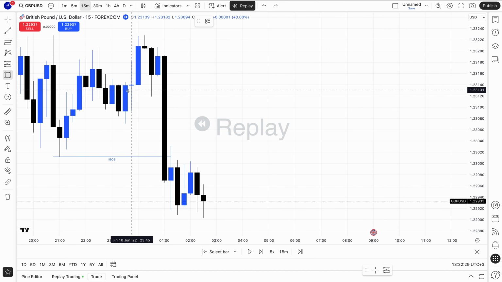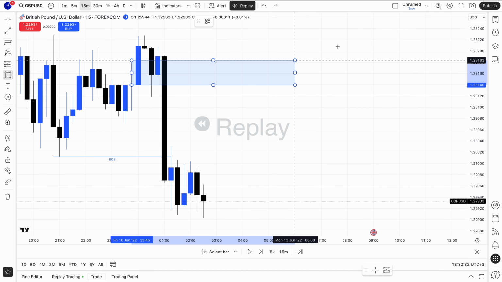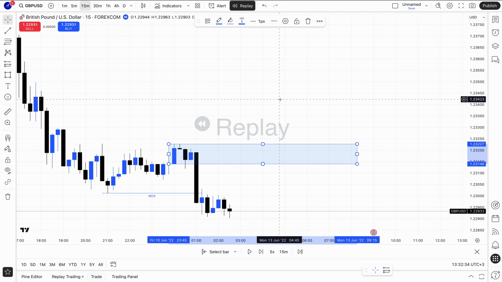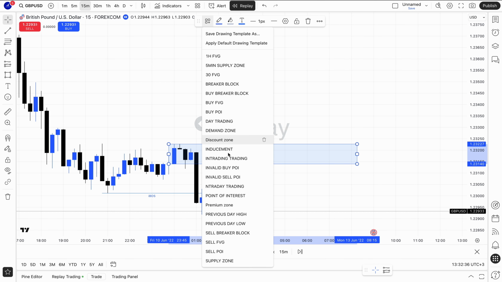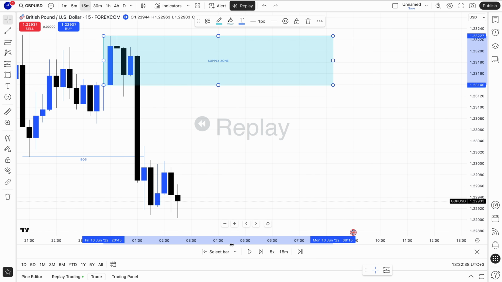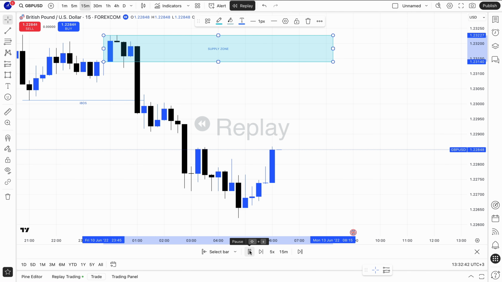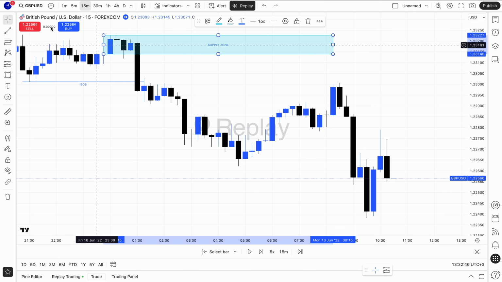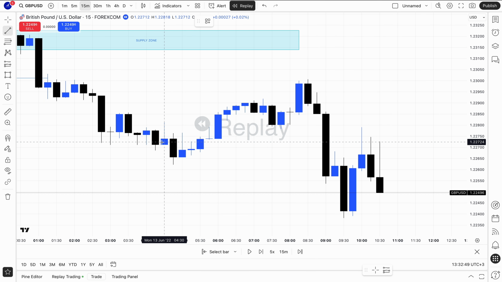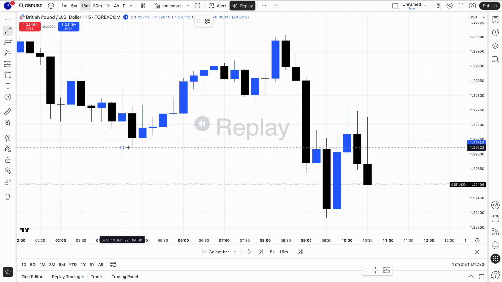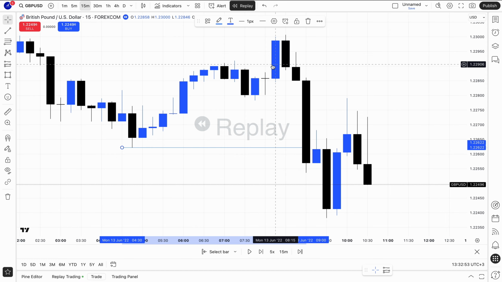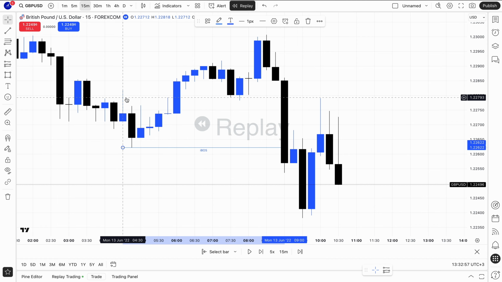And our supply zone just here. Then hit our continuation.